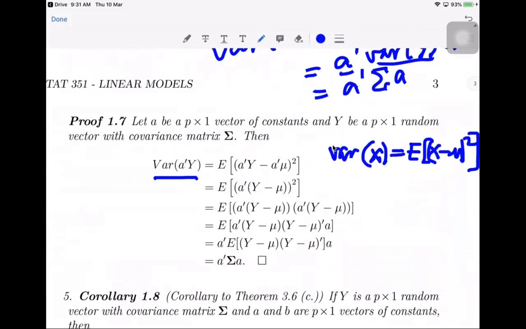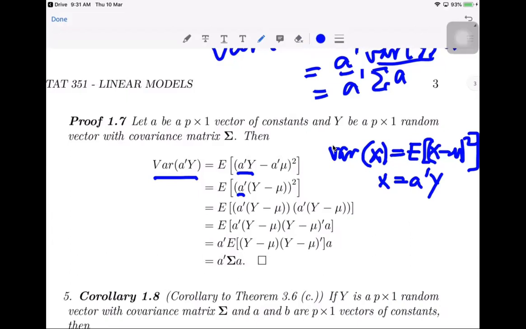So doing that with X equal to a prime Y, you will have a prime Y minus a prime mu squared. And then the common factor is a prime. You can take it out of the parenthesis there and you have that.